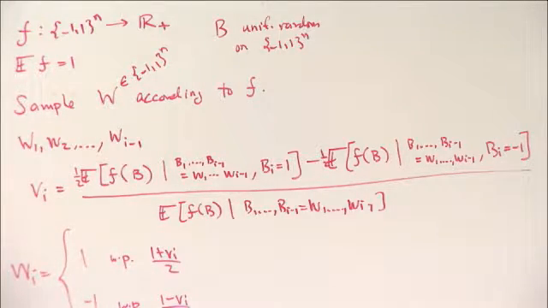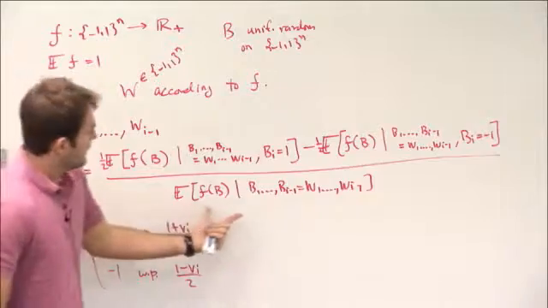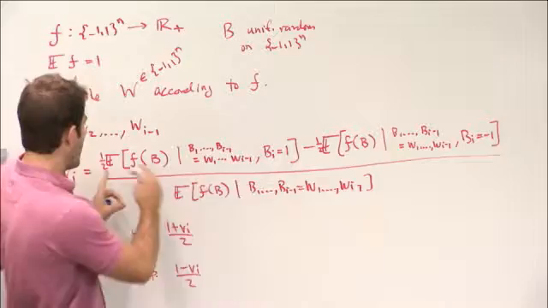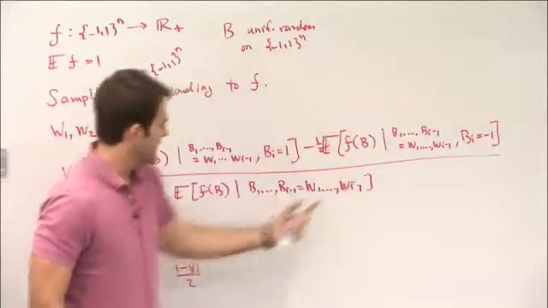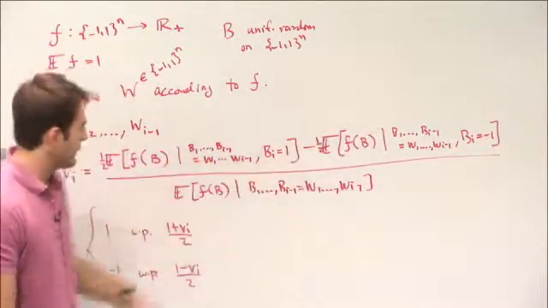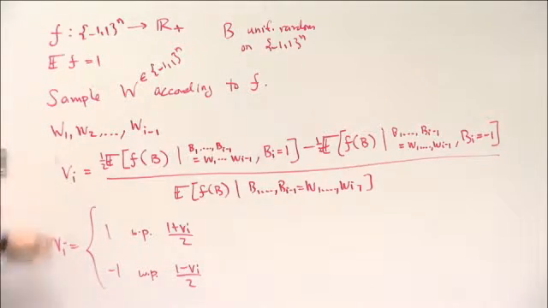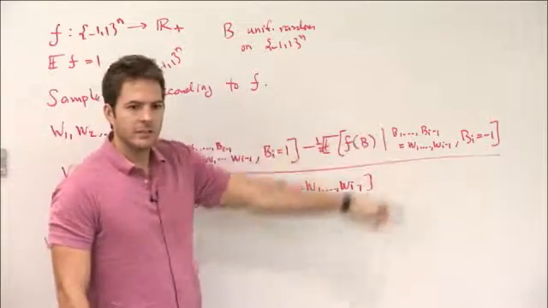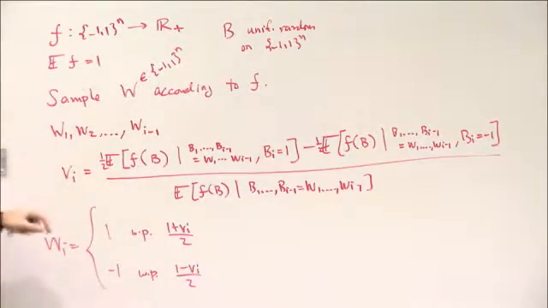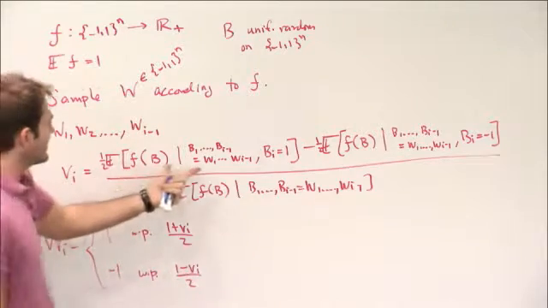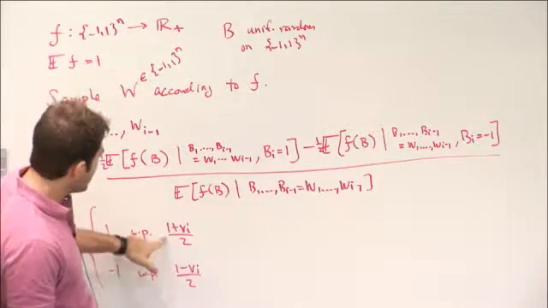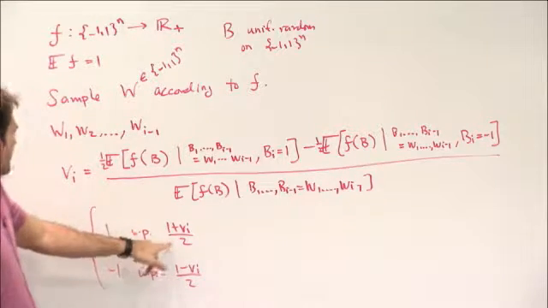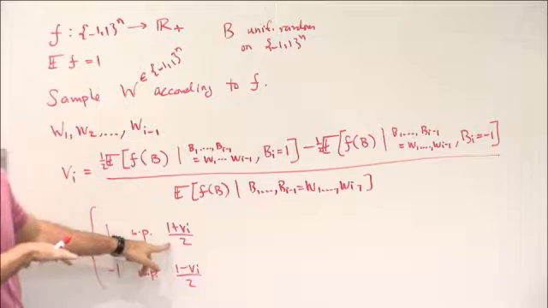What we're doing here is, if we average over the future, we just see this thing: it is exactly half of this plus half of this, because it chooses the ith bit to be 1 or minus 1 uniformly at random. What Vi is computing is how much more density there is in the direction of i equals 1 versus in the direction of i equals minus 1. So it is exactly the marginal probability that the ith bit is 1, conditioned on the choices we've made so far.